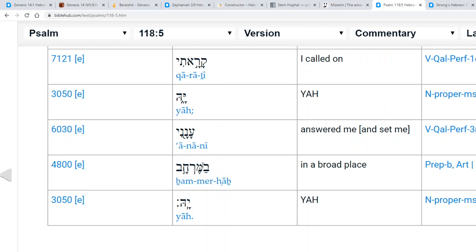The preposition bet is actually interesting here, because it's implying that God answered richly, right? Some people do translate this as God answered me richly, right? Ba merchav ka, and again, we have one of the holy names.